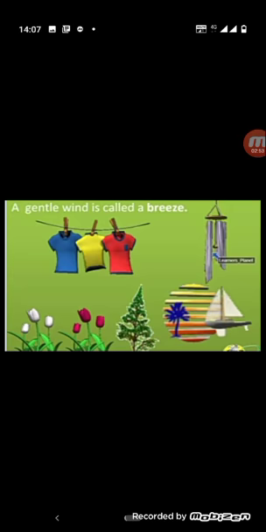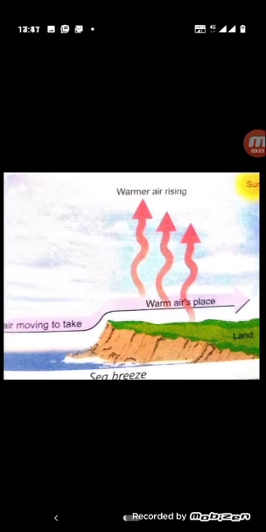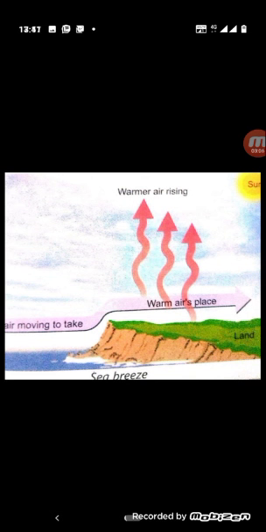Now, I am coming to the land breeze and sea breeze. You can see here sea breeze. So let us see what you mean by sea breeze.